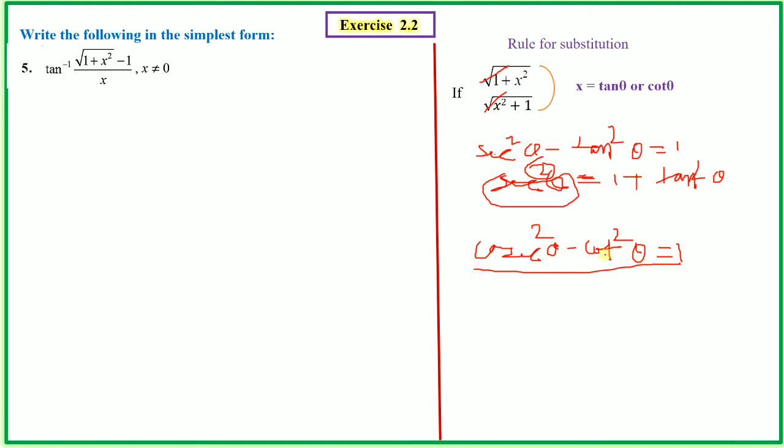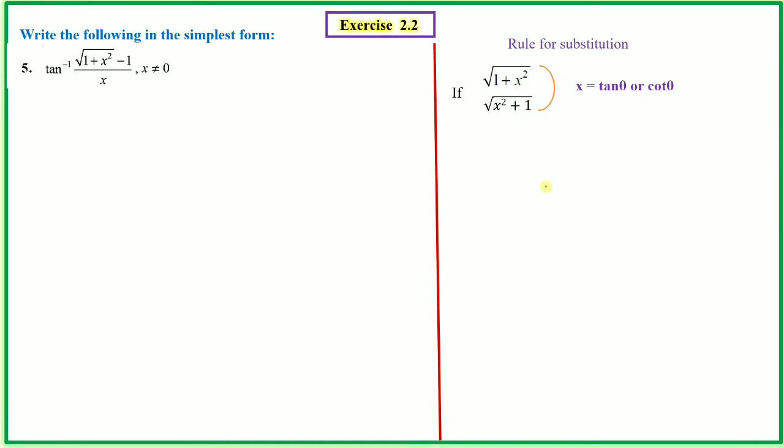Or if it is cosec square theta minus cot square theta is equal to 1, then it is also equal to 1 plus, just like above, cot square theta, and it is nothing but cosec square theta. So you can substitute either this or this one. Clear? Okay.